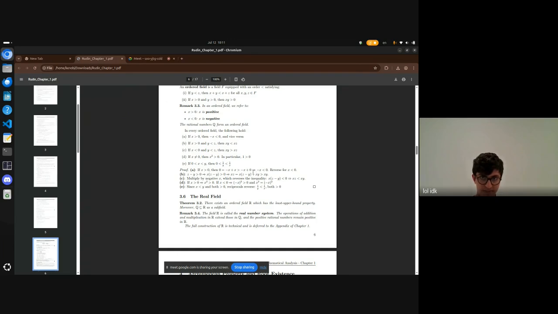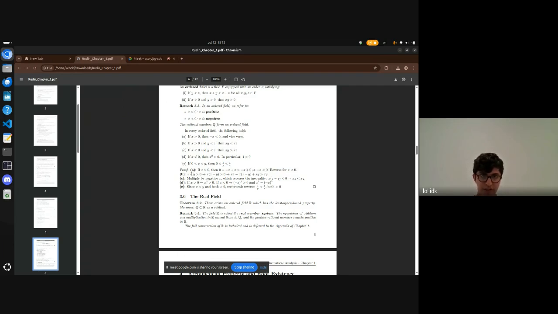So that means negative x is less than 0. And if we reverse it, if you want to get the results reversed, we can just start with x less than 0 and get negative x is greater than 0.